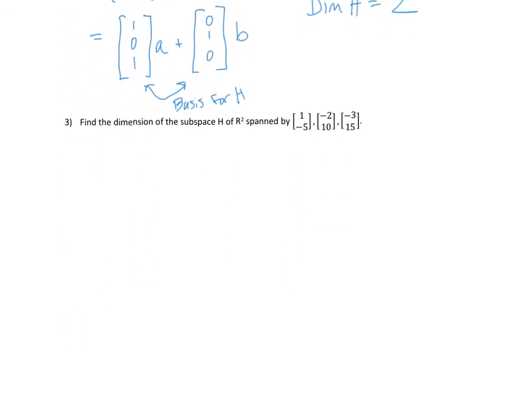Find the dimension of the subspace H of R2 spanned by these three vectors. We know that R2 as a whole has 2 dimensions, so there's no way H could have more than 2 dimensions. I'm going to put these 3 vectors into a matrix.